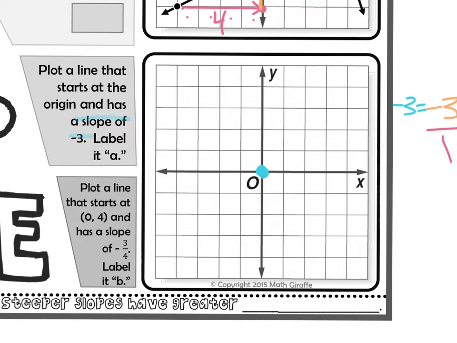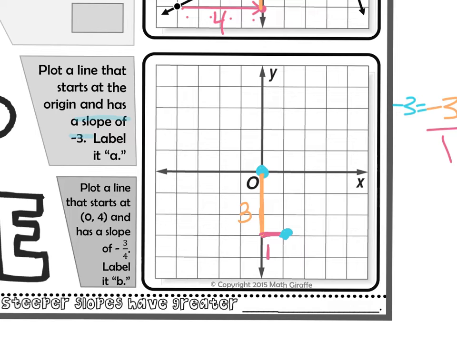So because my slope is negative, I'm going to go down from this point for my rise, which is 1, 2, 3. That is my vertical for my slope triangle. And then I am going to run only 1, and I want it to be negative, so I have to go right. And then I'll put a point right here. So I go down 3, right 1, and then I'll connect those dots.